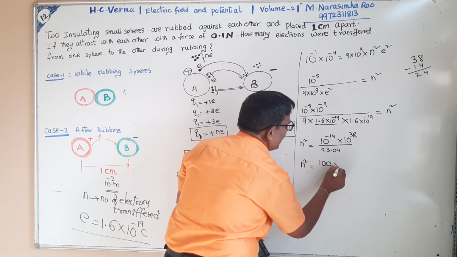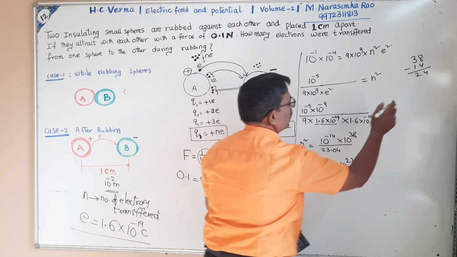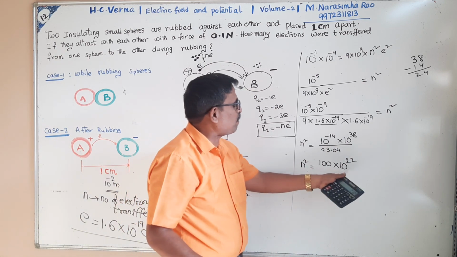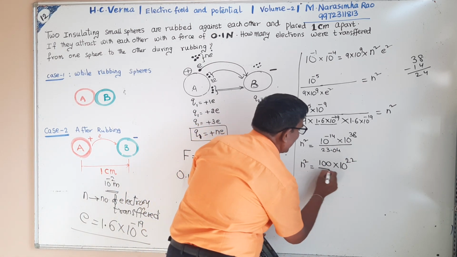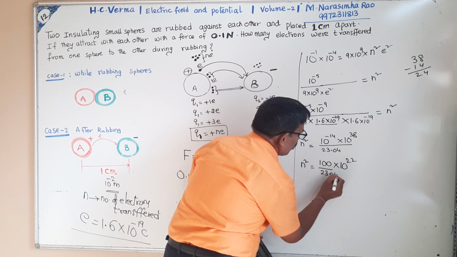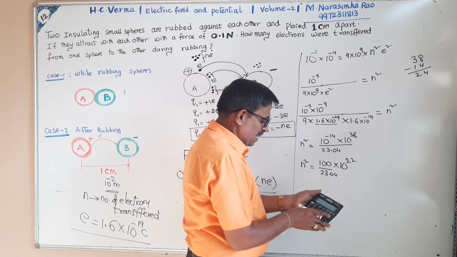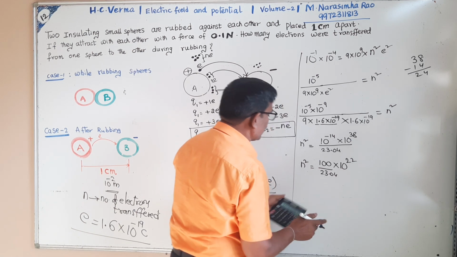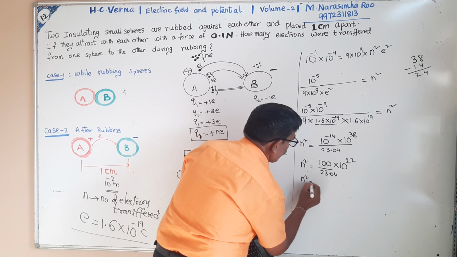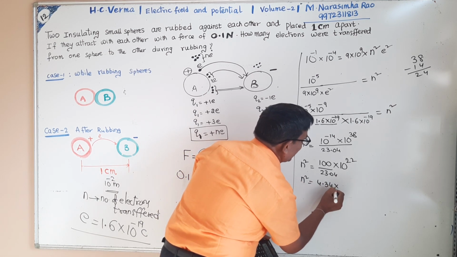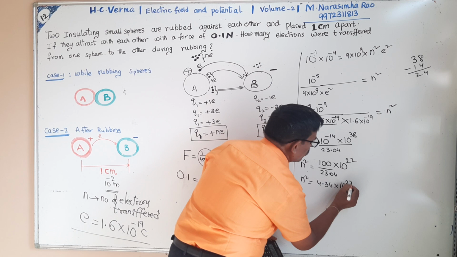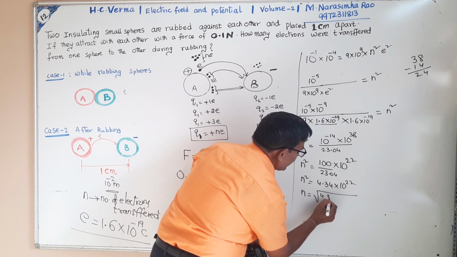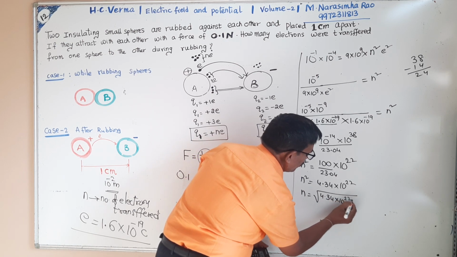I am writing 10 power 24 as 100 into 10 power 22. 100 divided by 23.04 is equal to 4.34. n square is equal to 4.34 into 10 power 22. n is equal to the square root of 4.34 into 10 power 22.